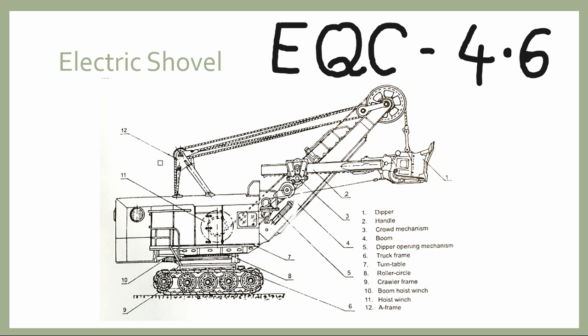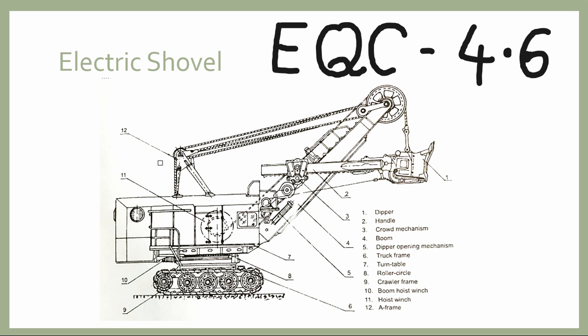So these are the basic main components of this electric shovel. These electric shovels basically consist of six main units or mechanisms. First one is the motor generator sets. Second is the crowd mechanism.